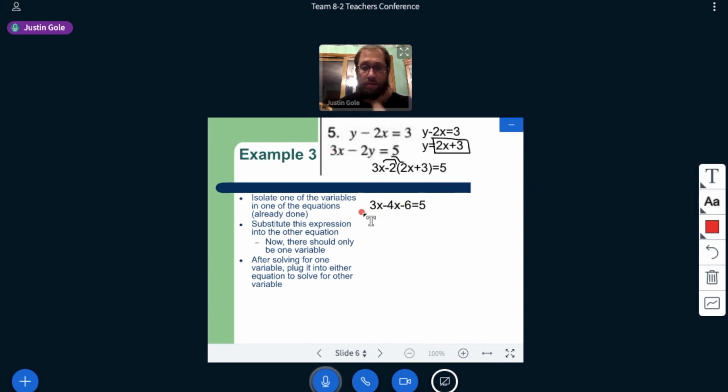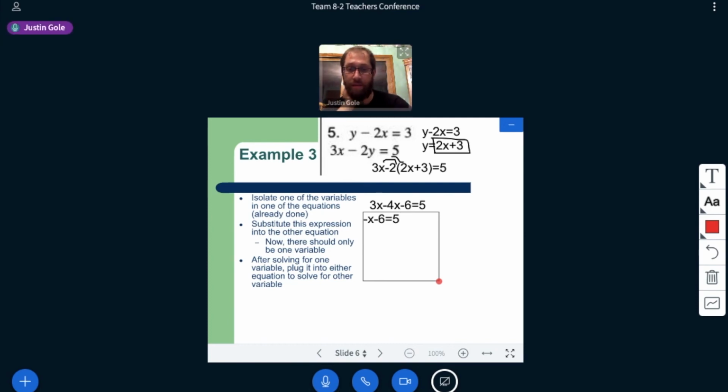Now we just solve for x, right? So we have 3x minus 4x is negative x. And we have negative x minus 6 equals 5.